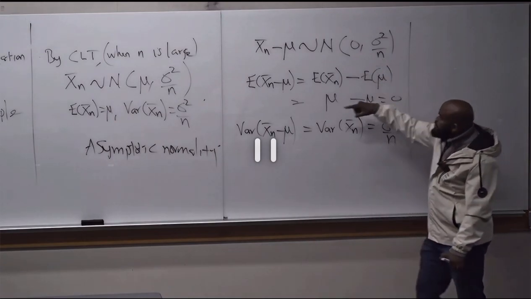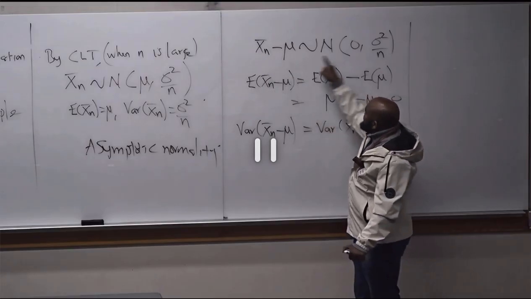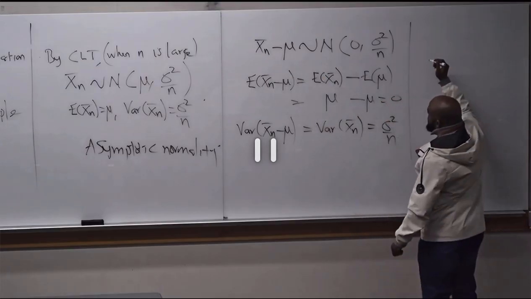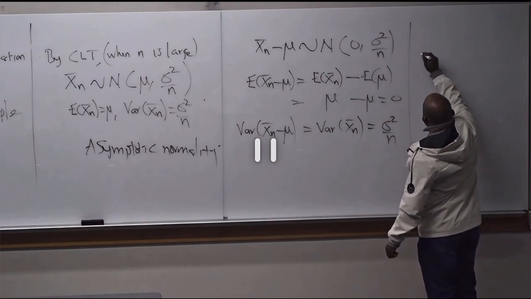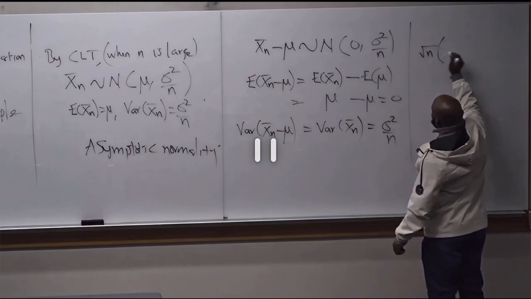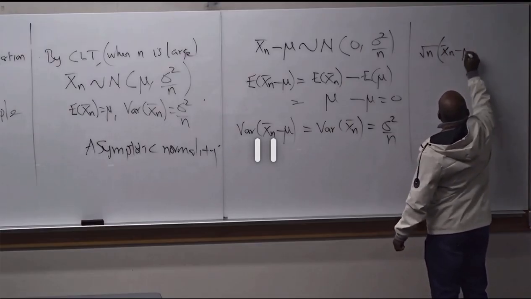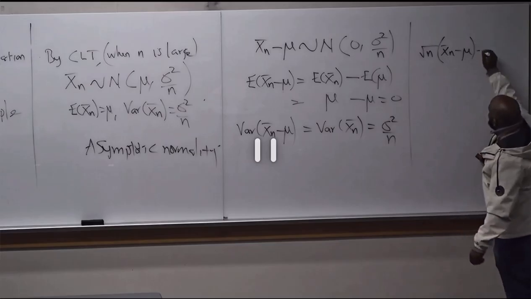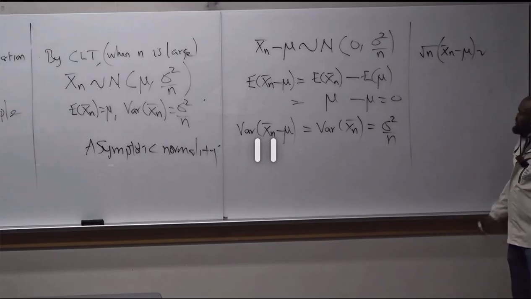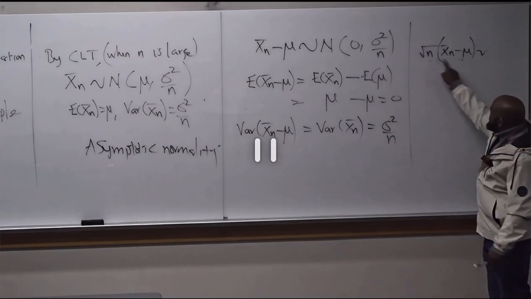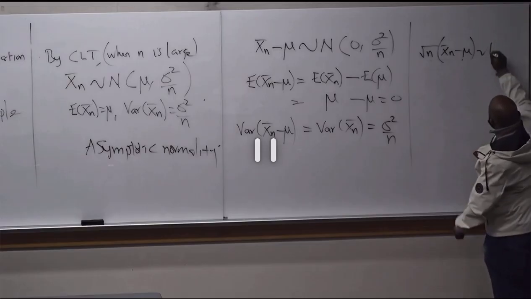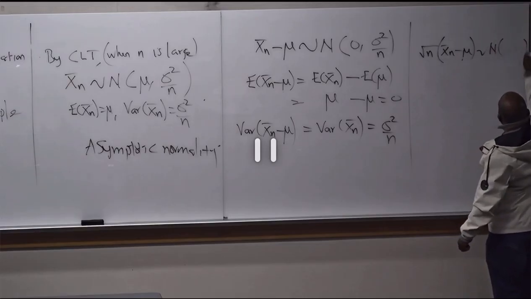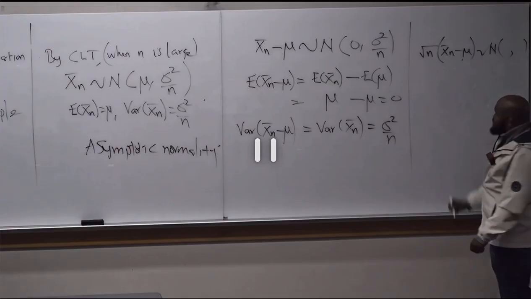Now, I can also continue. What if I multiply by the square root of n? I multiply this by the square root of n, and I want to know the distribution. I want to know what the mean is and what the variance is.